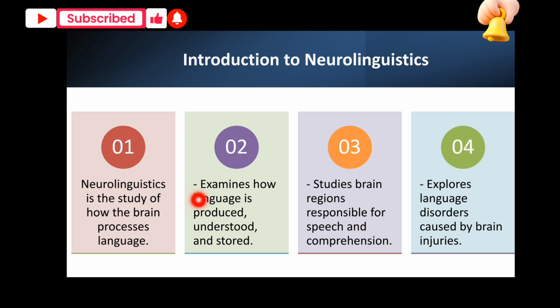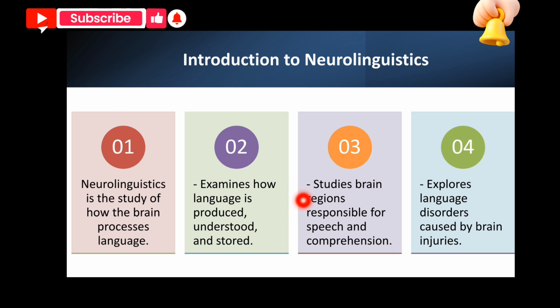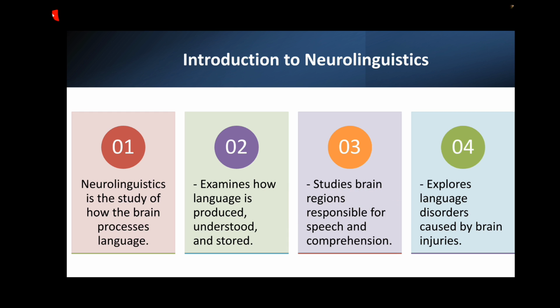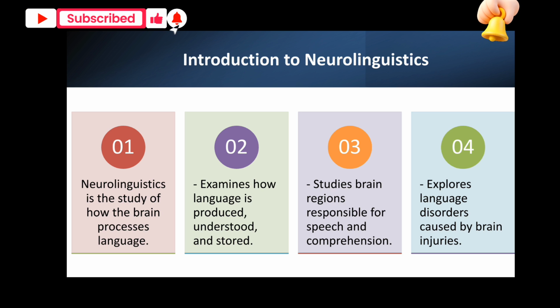This is also what neurolinguistics does. Third, neurolinguistics studies brain regions responsible for speech and comprehension. And the fourth one, neurolinguistics explores language disorders caused by brain injuries.